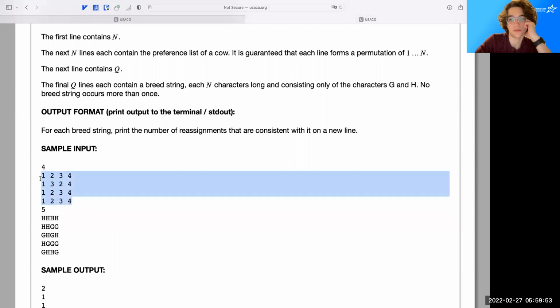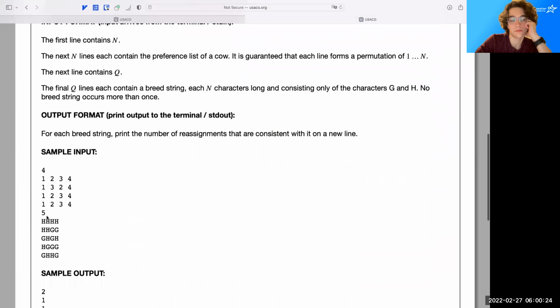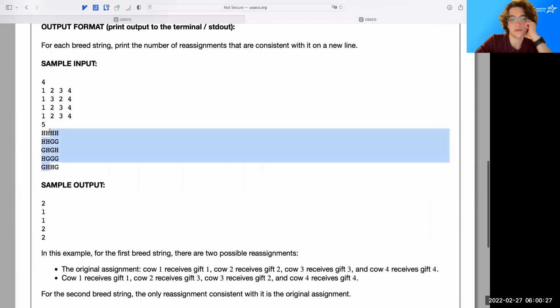So there are no special properties of this graph that can be used. Because for any graph constructed, you have to be able to compute the number of matchings on an arbitrary bipartite graph, and the lower bound on that is n times 2 to the n. So for a single query, you cannot do better than n times 2 to the n. But that doesn't imply anything about doing it on Q queries.